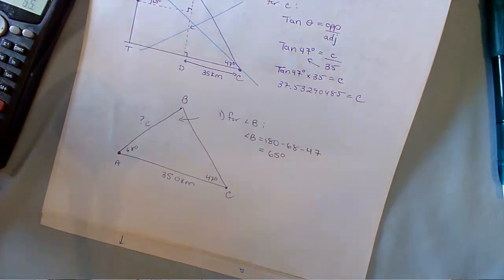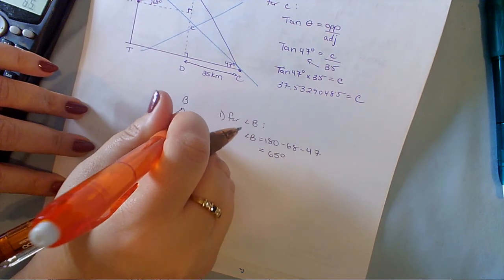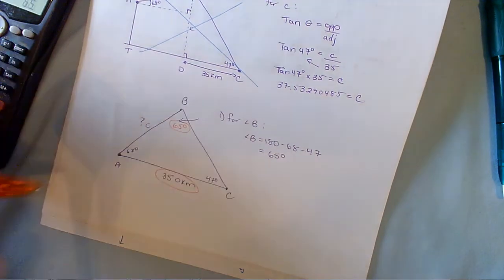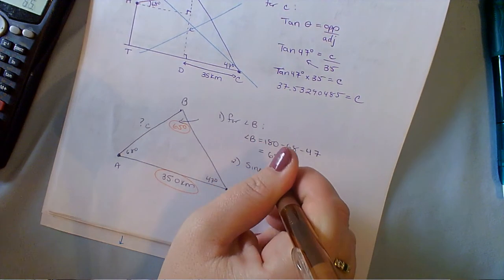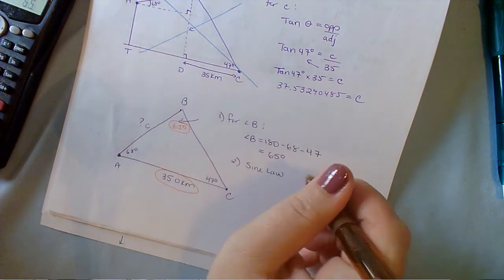So now that I know that this is 65 degrees up here, that sets me up for sine law. So sine law to get little c.